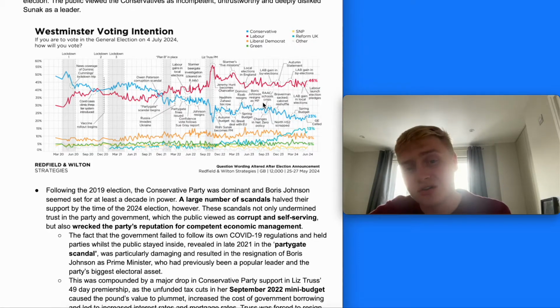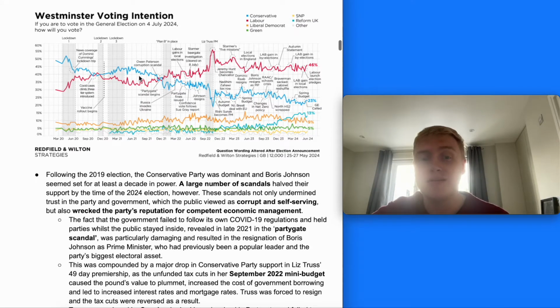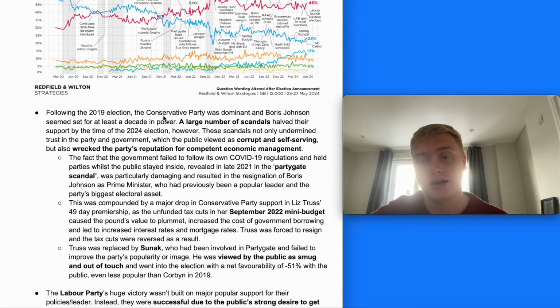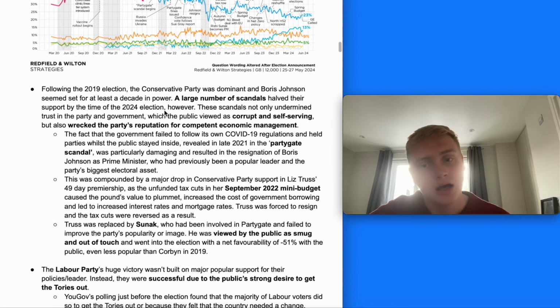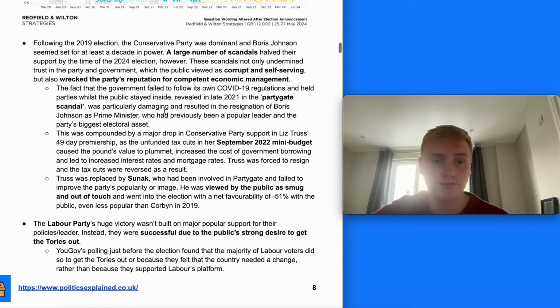Sunak comes back in, but really fails to increase their polling, and they actually decrease significantly through it. So you see, in particular, Partygate and Liz Truss's mini budget are really important events that undermine trust in the government and painted them as economically incompetent, and a lot of people may describe them as corrupt as well.